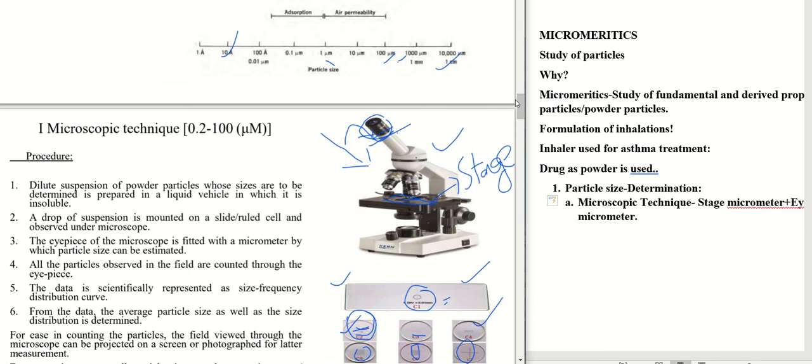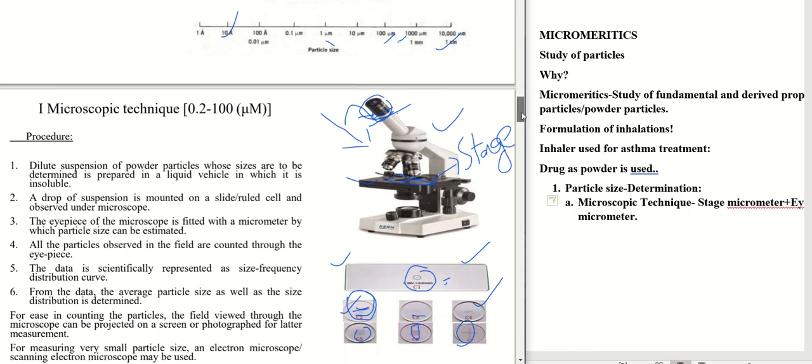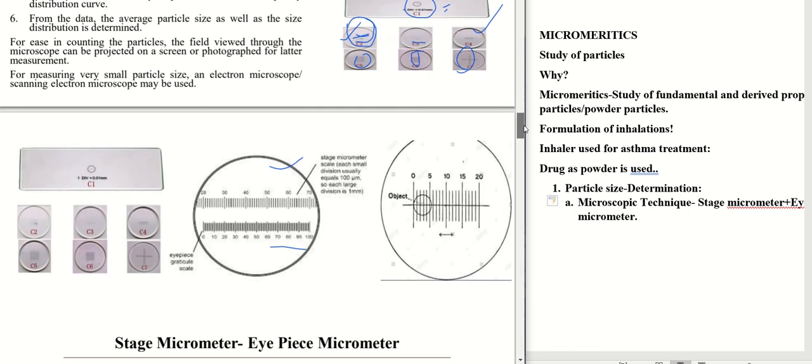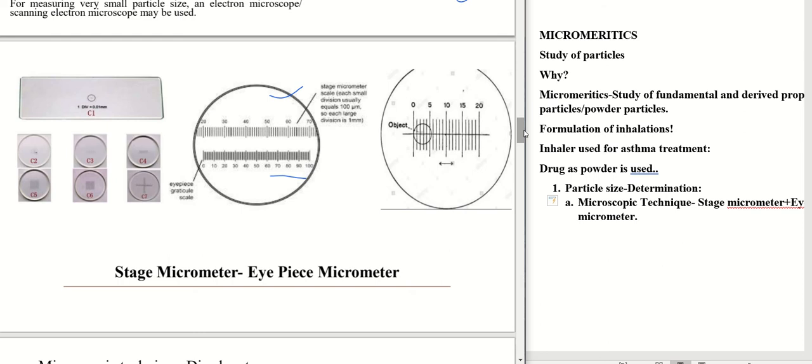Here we have a knob where we can move the stage to and fro. We need to adjust the stage micrometer in such a way that its graduations or divisions overlap with the divisions of the eyepiece micrometer.